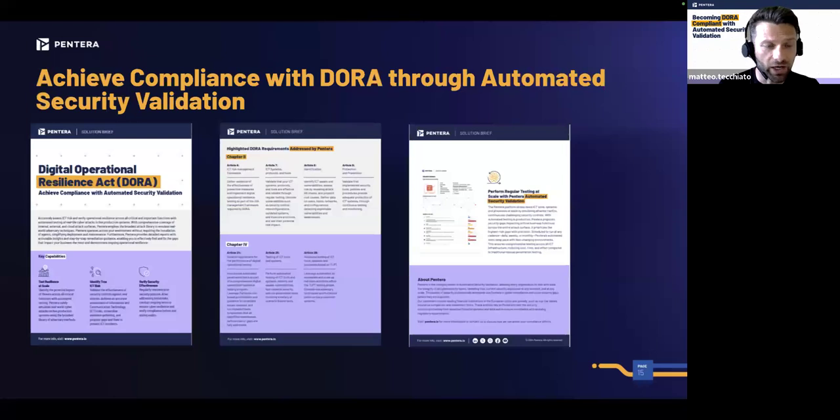Specifically with DORA, we support the client in the roadmap to understand which kind of gaps they have and how to remediate, leveraging on their capabilities and infrastructure, but also on specific chapters of the regulation. For example, TLPT, we can support the client to manage, organize, and perform the TLPT assessment.